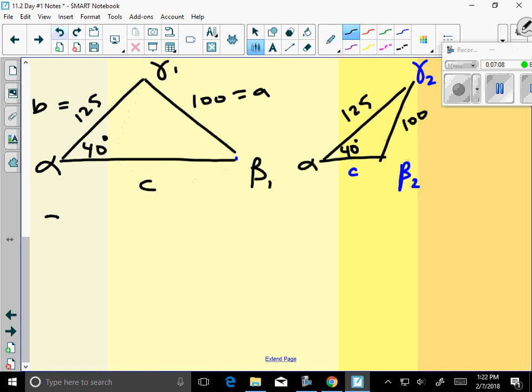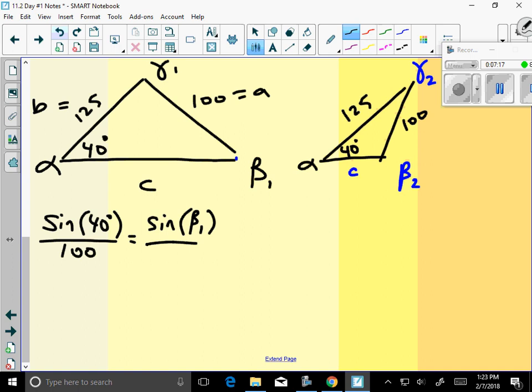Of course, law of sines would tell me sine of A over a would equal sine of beta 1 over 125. Could you find beta 1? Yes. Once you have beta 1, you could find gamma 1.